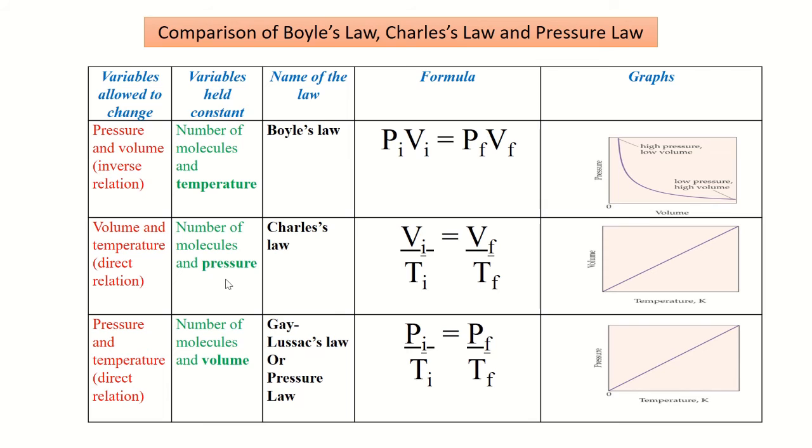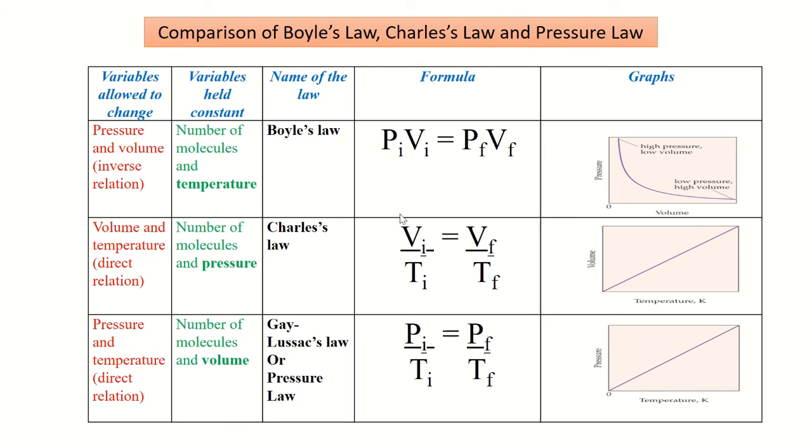Which variable is constant in Charles's law? The pressure of the gas is the constant parameter in Charles's law. And here this is the formula for Charles's law: Vi over Ti is equal to Vf over Tf.